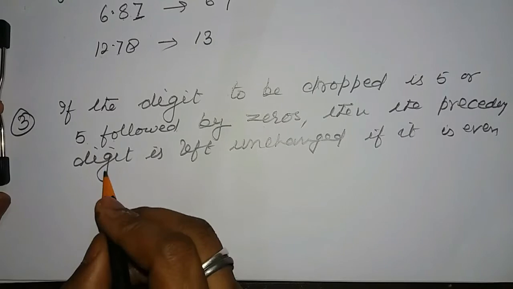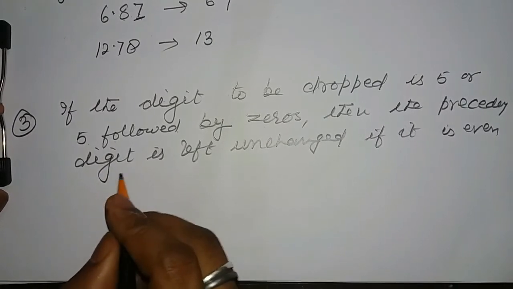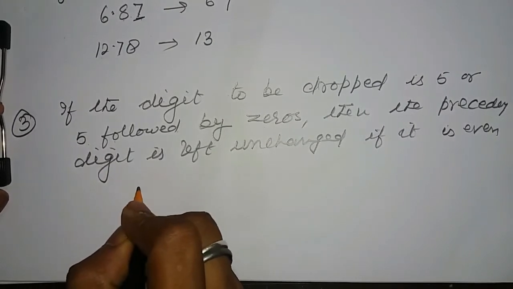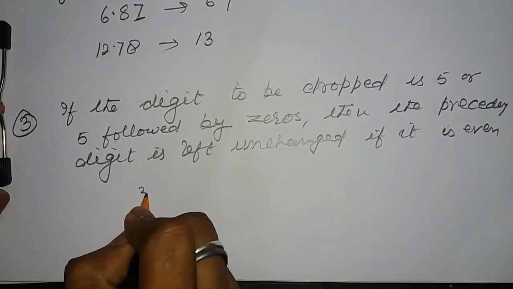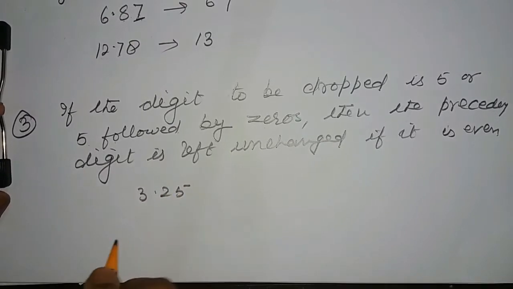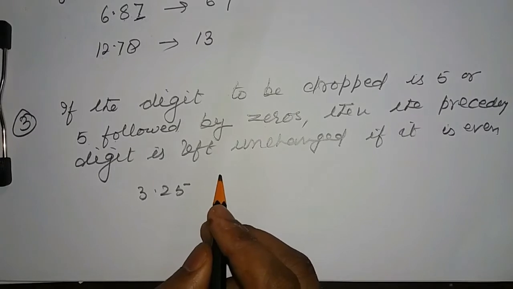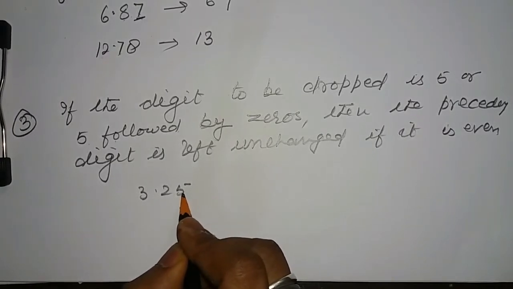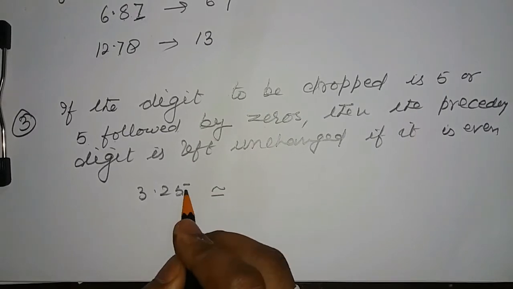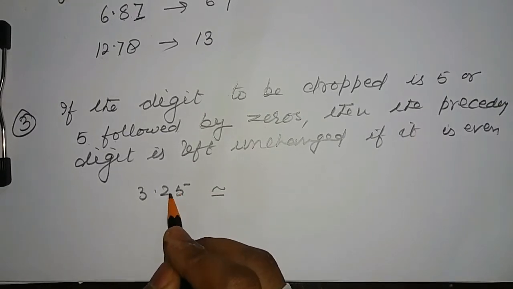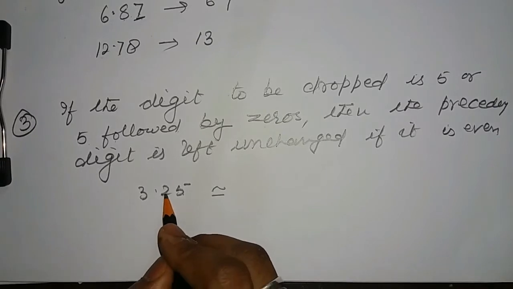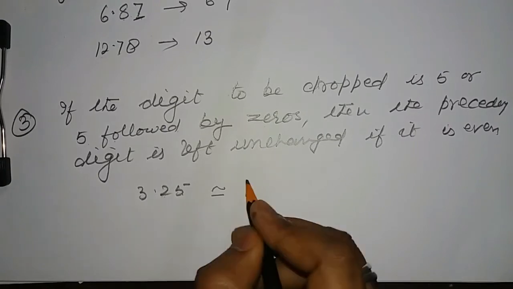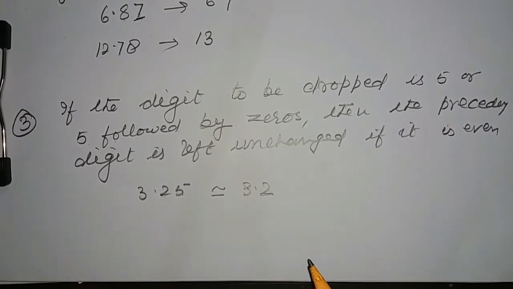For example, if you have 3.25, and you have to write in two significant figures, then you have to drop 5, and since the preceding digit is 2 and it is even, there will be no change in this preceding digit, that is in 2, so this will be 3.2.